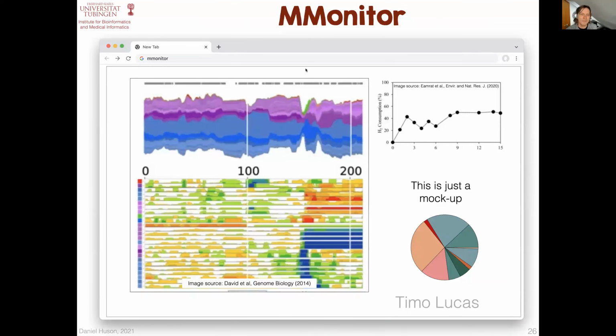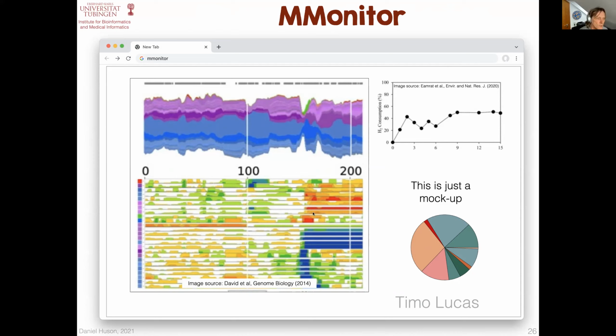And so what Timo is producing is a software that we might call MMonitor, which allows you, if you sample your microbiome on a regular basis, to have a look at what's going on in your bioreactor based on measurements of chemical properties or of the microbiome.